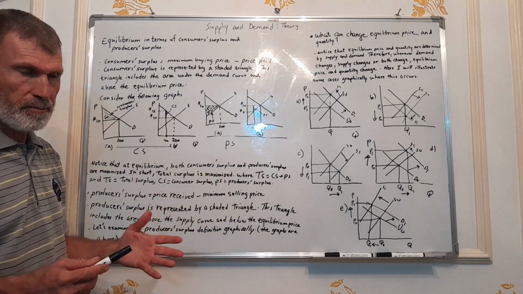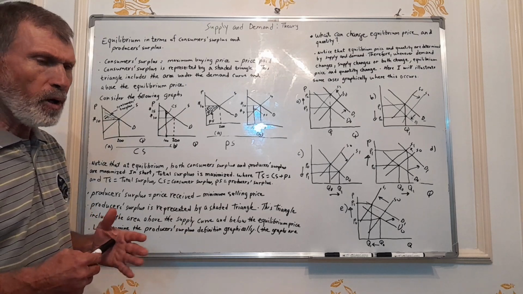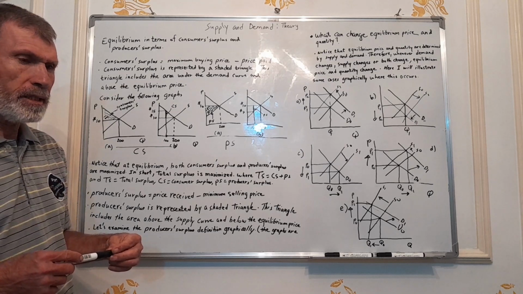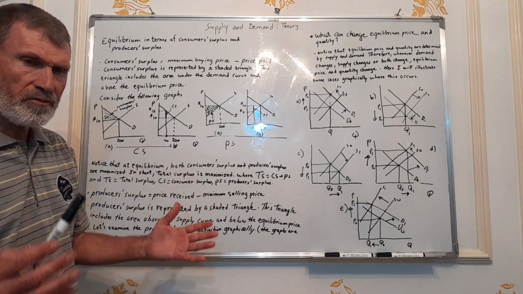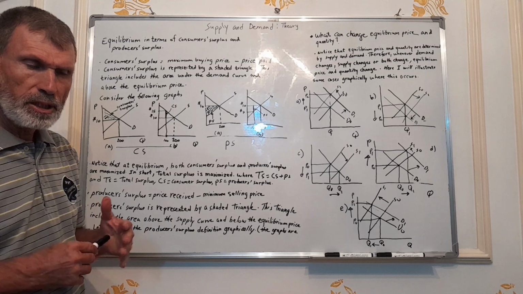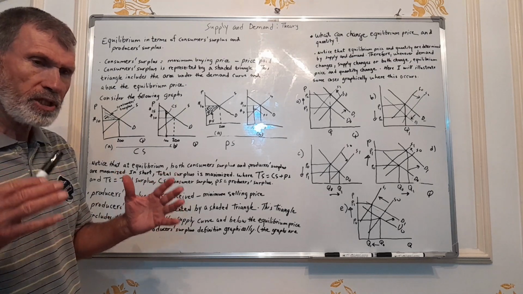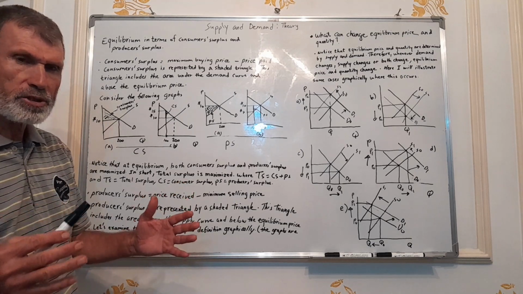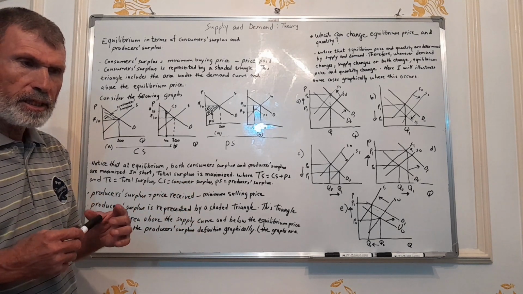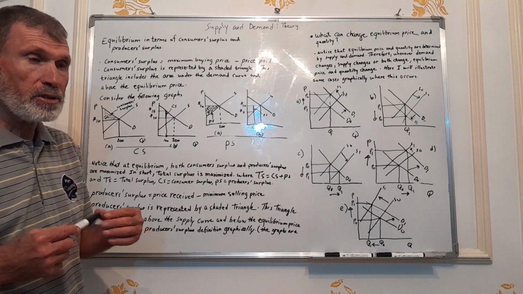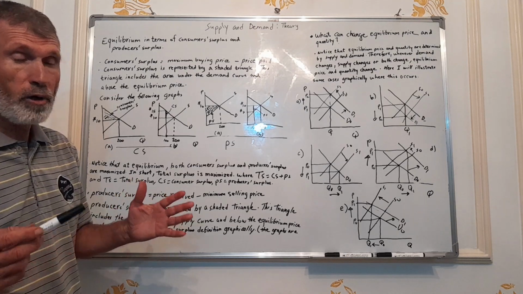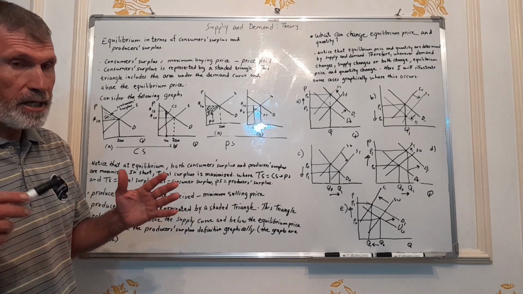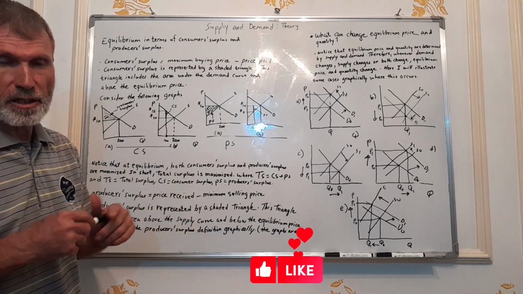Let me give an example. Suppose you are shopping for a car. You have seen a very nice sporty car, and you say to yourself, gosh, I'm willing to pay as high as $10,000 for that car.